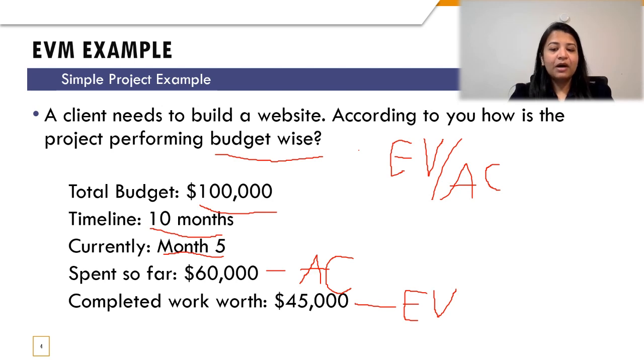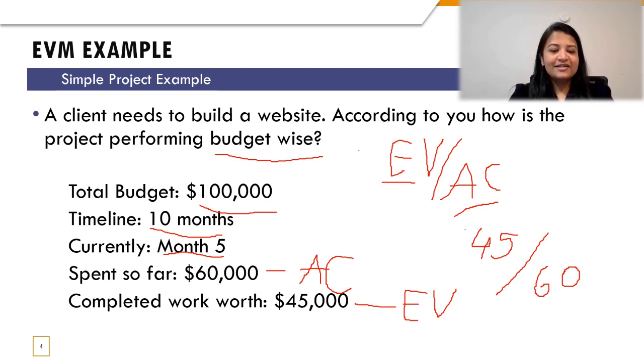Right now, if you look at what is spent so far, which is the actual cost incurred so far, it is $60,000, and the completed work is worth just $45,000, making sure that my value of AC is greater than the numerator. So my numerator right now is $45,000. I'll just write 45, and the actual cost incurred so far is $60,000 in our case.